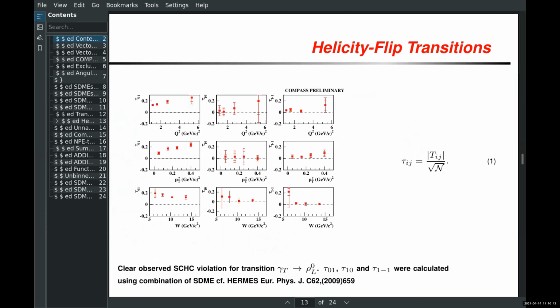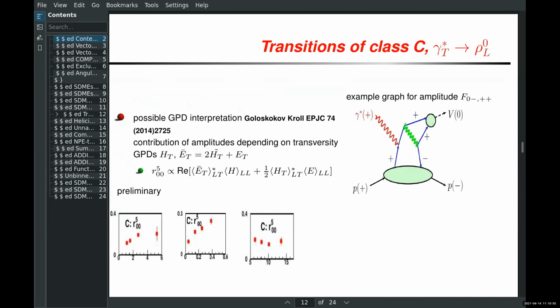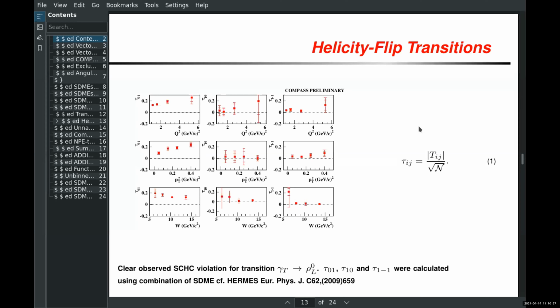Now we also determine the helicity flip transition. It was defined in this way, by the total cross section.